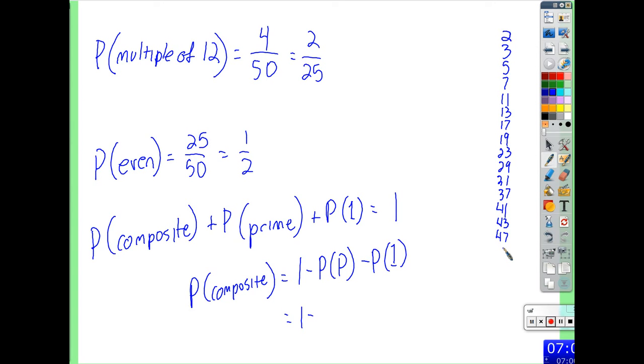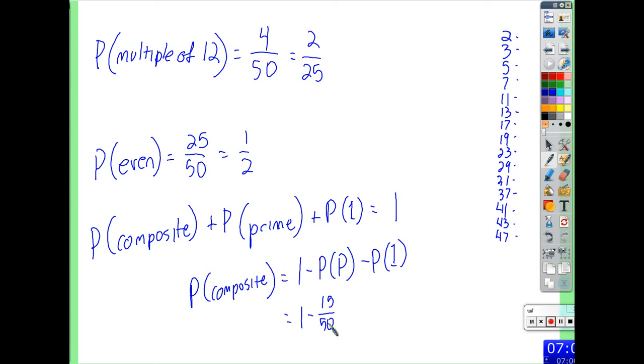So we got 1, 2, 3, 4, 5, 6, 7, 8, 9, 10, 11, 12, 15. 15 of these guys are prime between 1 and 50. So subtract that 15 out of what probability? 50. 15 out of 50.